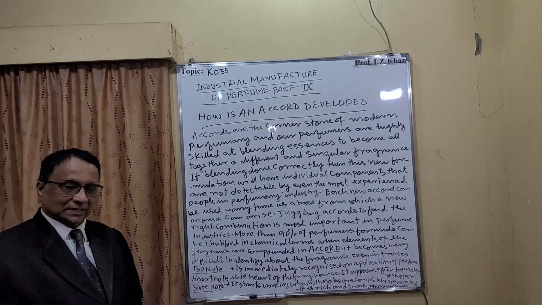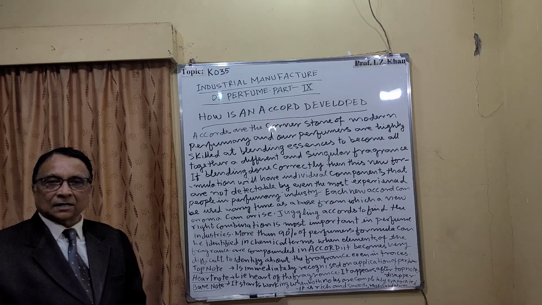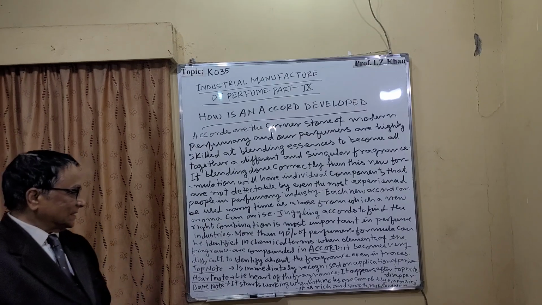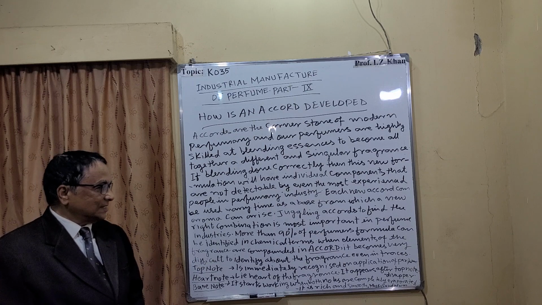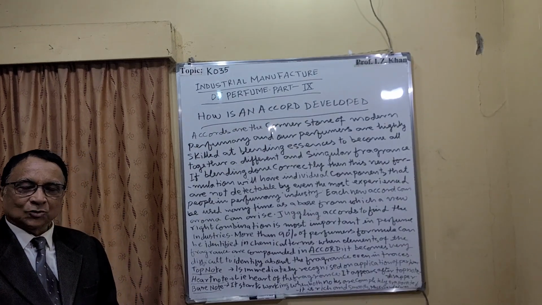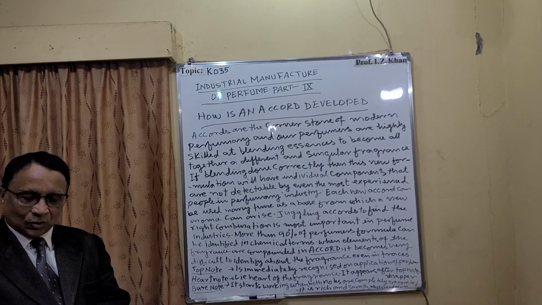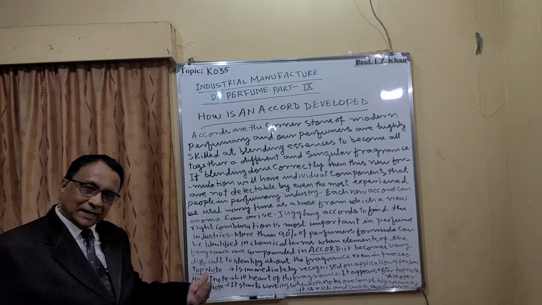There are three notes in the fragrance, I have already told you. One is called top note. Top note means it is immediately recognized on application by the people. So once you give any perfume to anybody, once it is applied on cloth or skin, the first fragrance that they will get, that is top note.